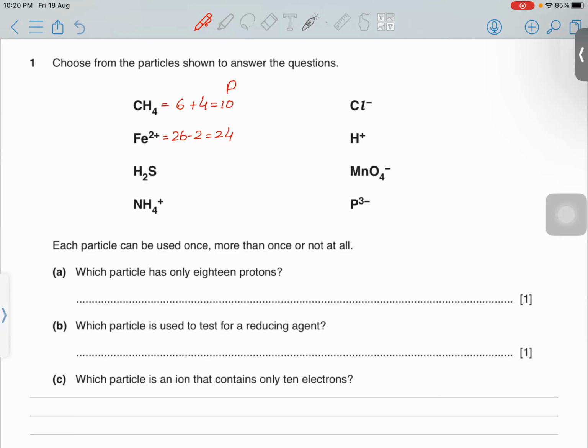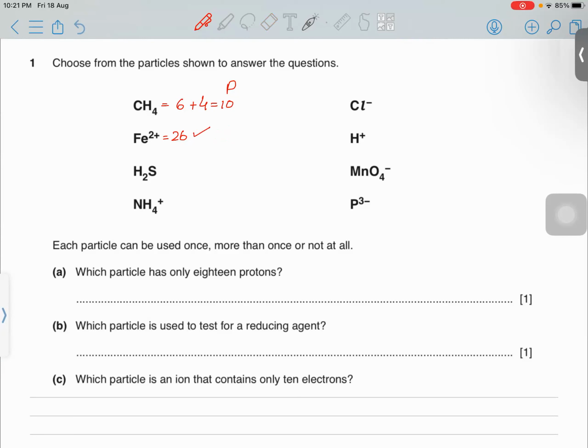But sir, by putting 2 plus or 2 minus, would only the electrons be affected, not the protons? Very good, this is what I am waiting for. So the proton number is 26. Now you are correct.